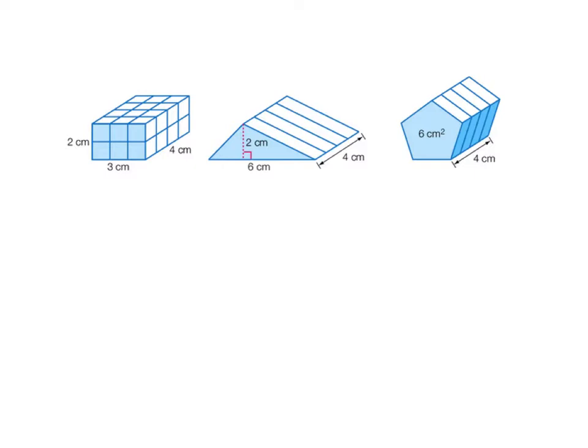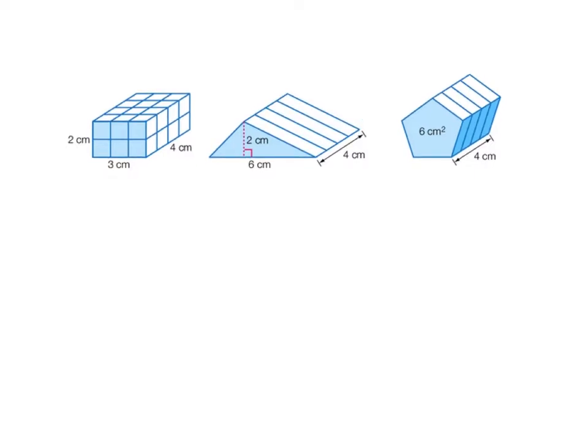This one here is a triangular based prism. So underneath it's triangular, and here you could say that that part is the base. That part is the base here. And then over here you've got your pentagonal based prism.